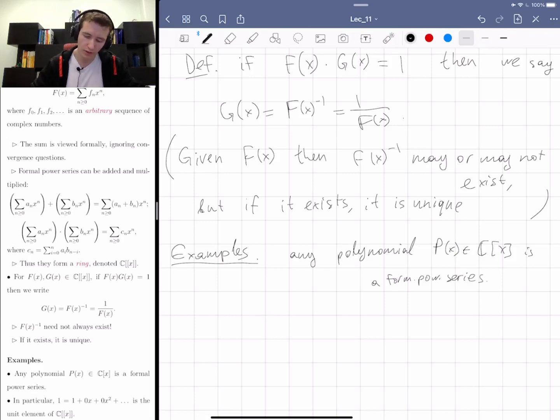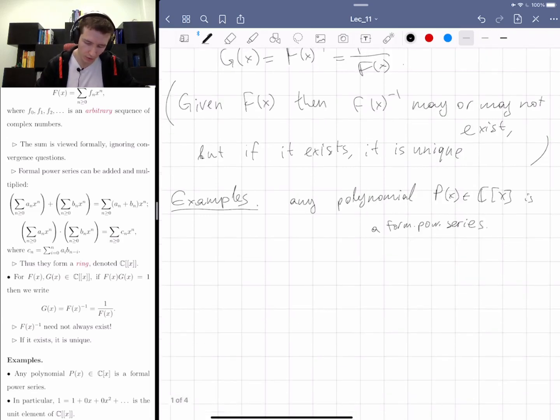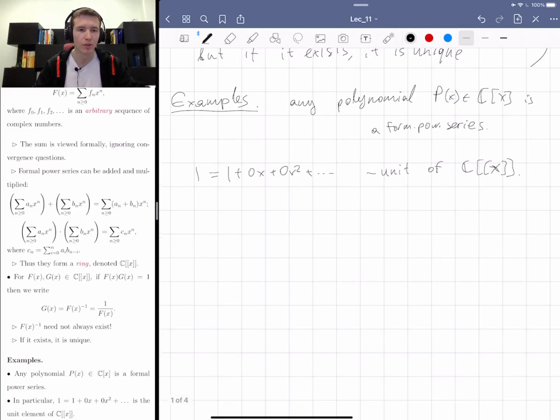And in particular, you have just one. One is by definition 1 plus 0x plus 0x squared plus etc. So it's a valid formal power series, which is the unit of my ring. If you multiply anything by 1, you get the same thing.